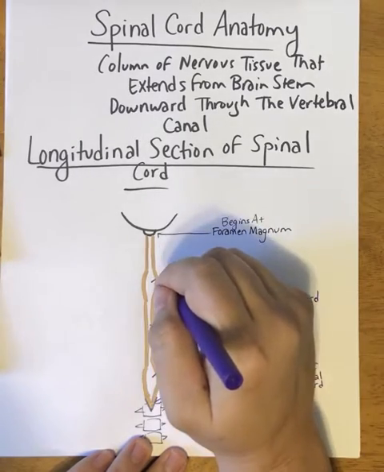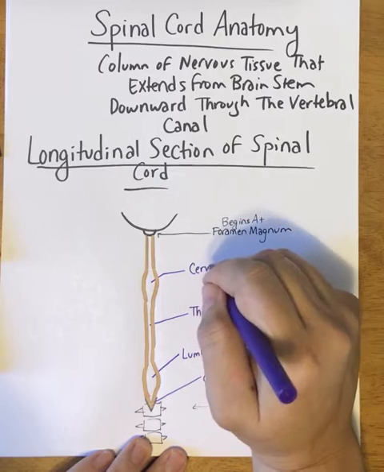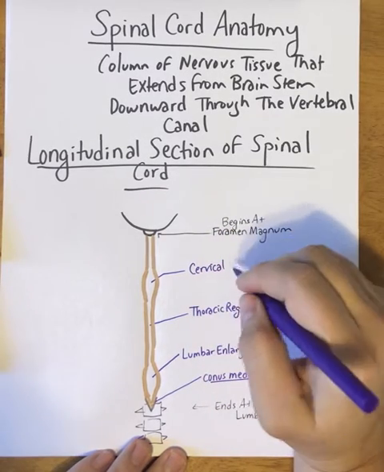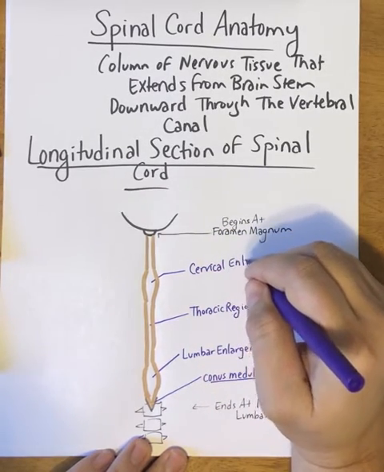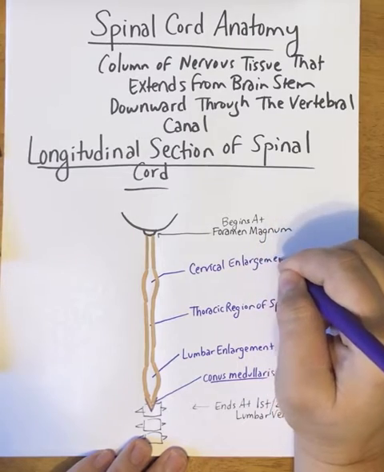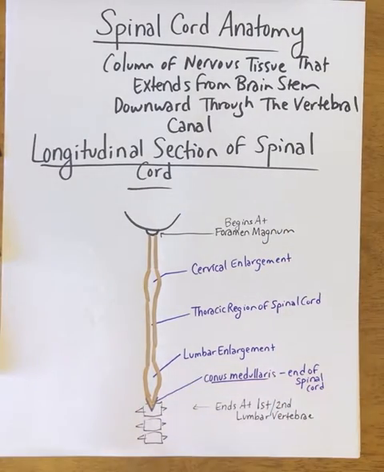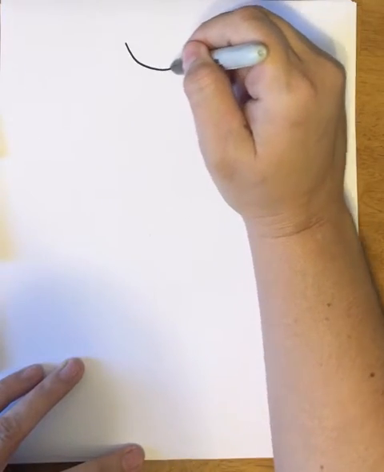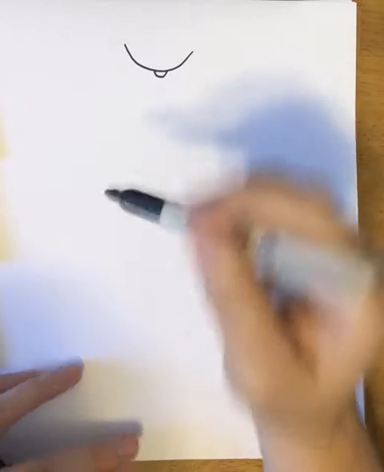And then the area above that is called the cervical enlargement. So I ran out of room, so I'm going to draw this again. It's good practice anyway. And I have other things that I would like to talk about on it anyway.